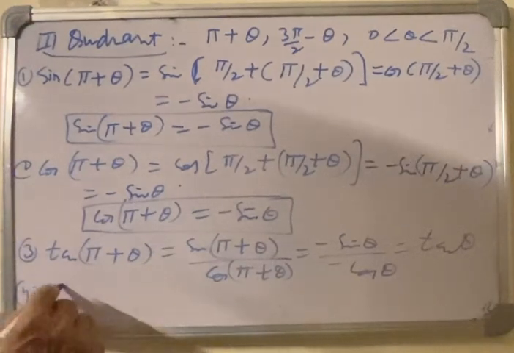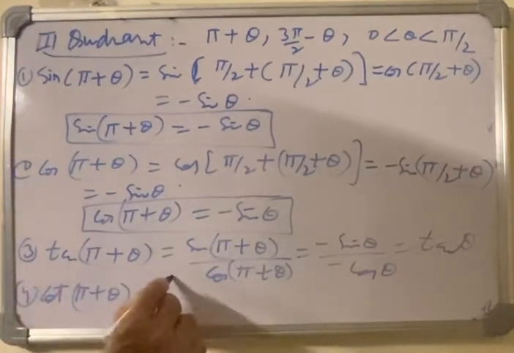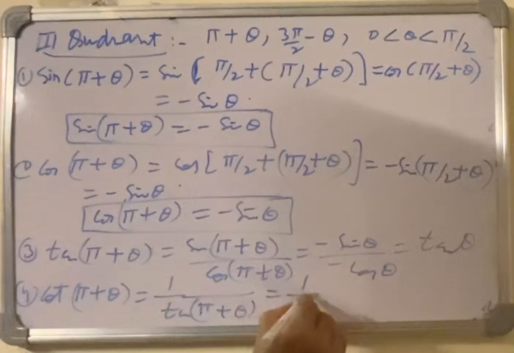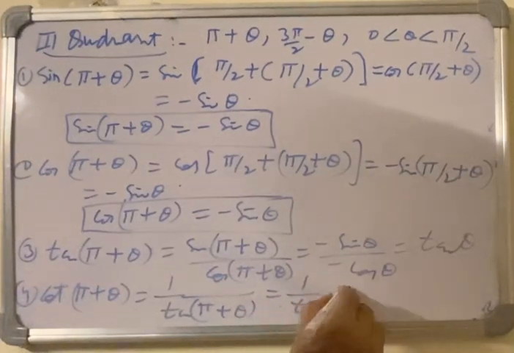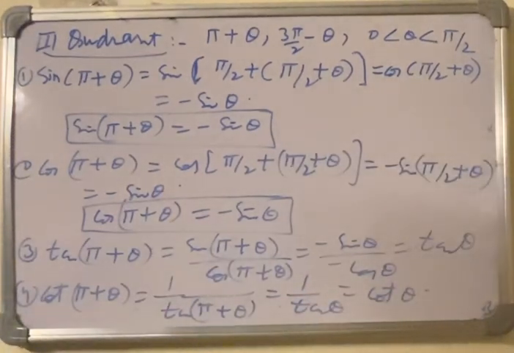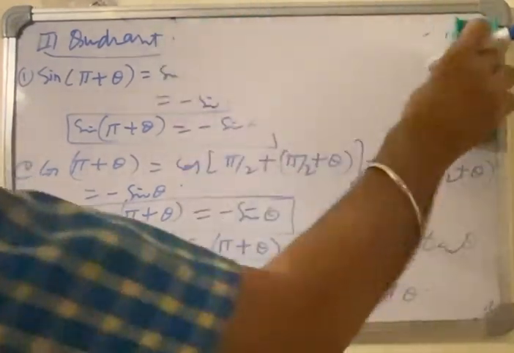Similarly, cot pi plus theta is 1 over tan pi plus theta, which is 1 over tan theta, which is cot theta. So cot is also positive. Tan and cot are positive in third quadrant.